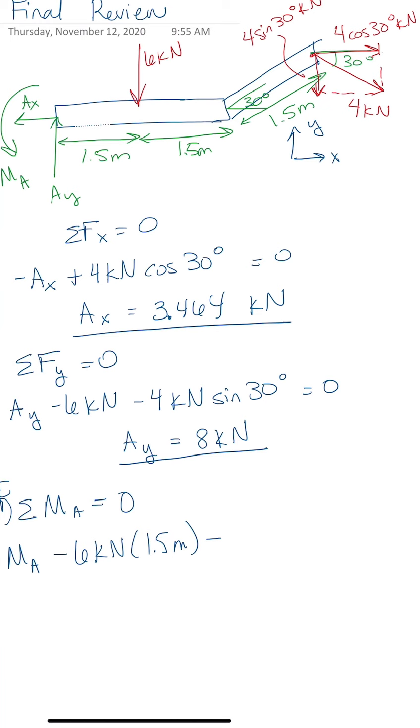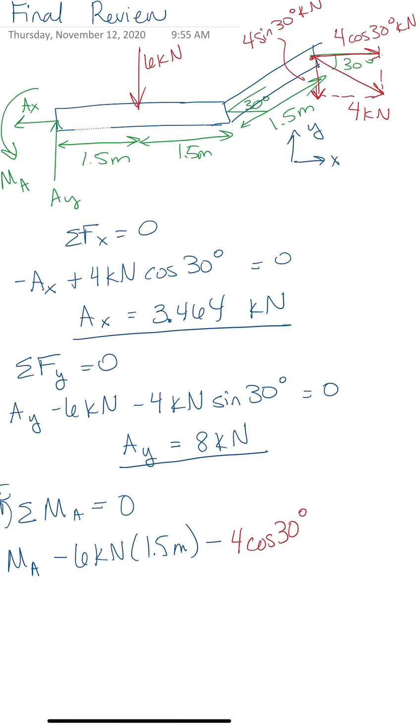And so if we take that x component, it's going to give us a negative moment. We do 4 cosine of 30 degrees times that perpendicular distance to A, which would be 1.5 times the sine of 30. So this is just this distance right here, that's 1.5 meters times the sine of 30.